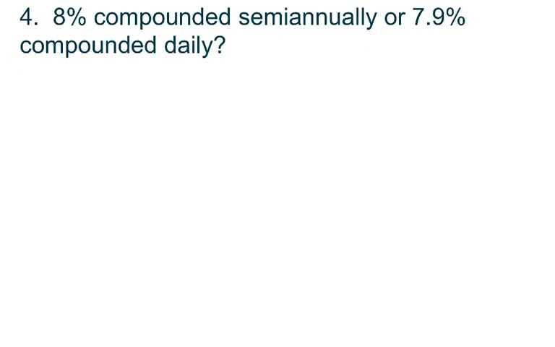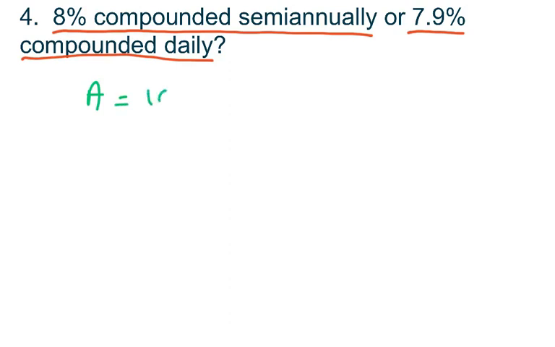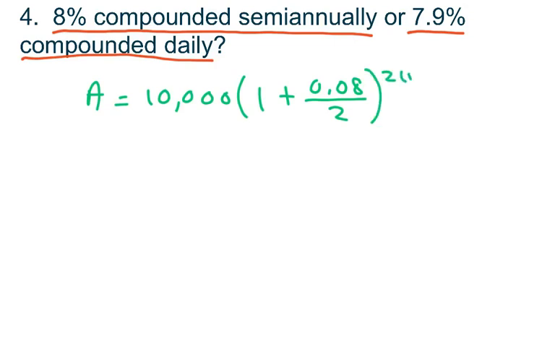And the last one, we have 8% compounded semi-annually, or 7.9% compounded daily. Since these are really close, I'm going to pick the second one as my guess. So let's check it out. We have A equals 10,000 times 1 plus 0.08 in decimal form. Semi-annually means divide by 2, so it would be 2 times 1, which gives us 10,816.